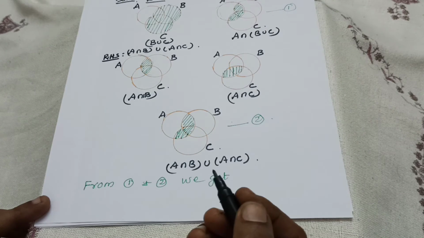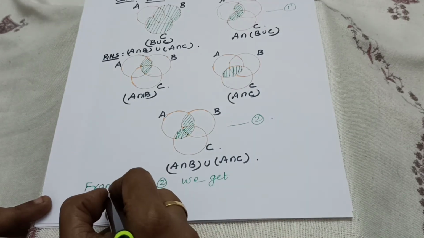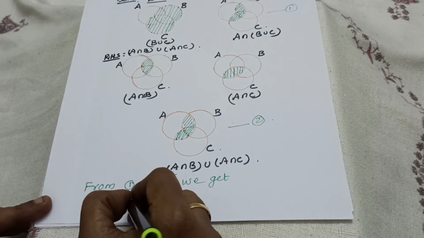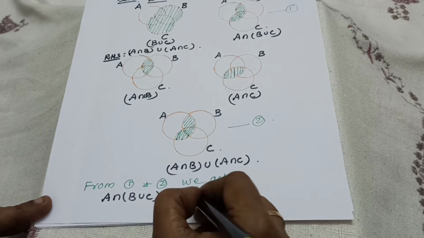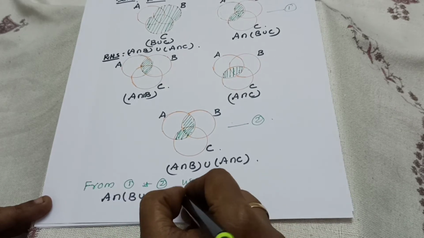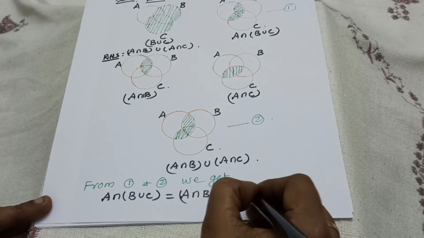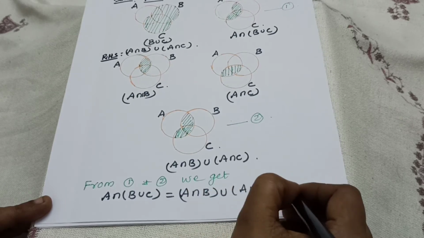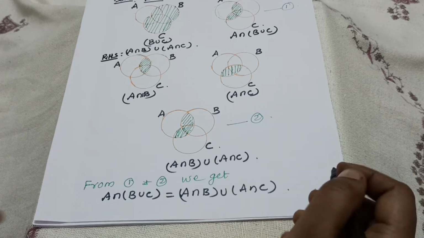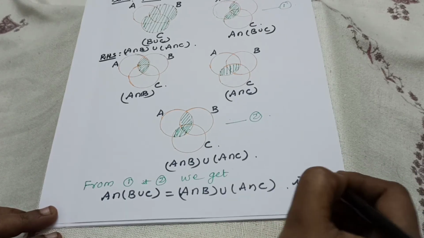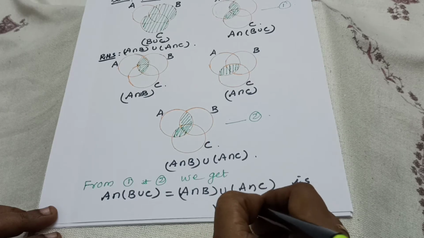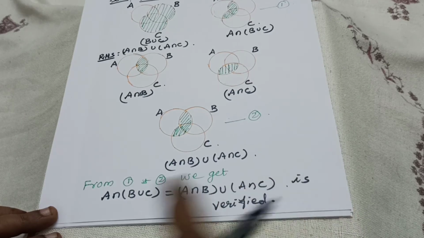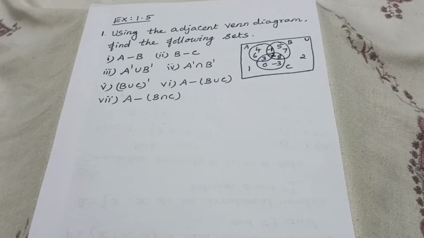From 1 and 2 we get A intersection B union C is equal to A intersection B union A intersection C. Any doubt? It is verified. Have you understood? Any doubt? Then one more question.